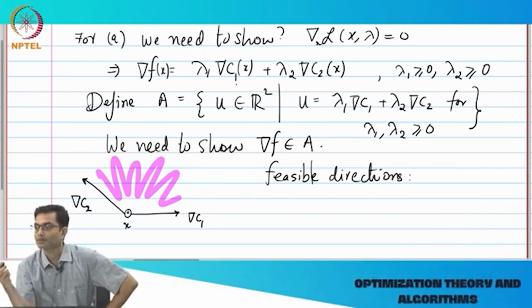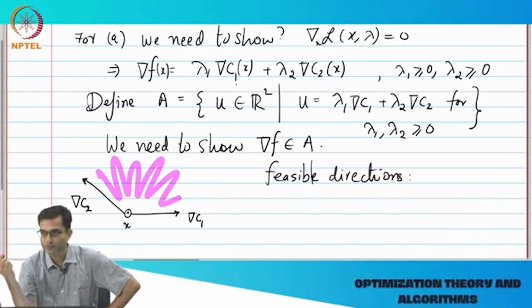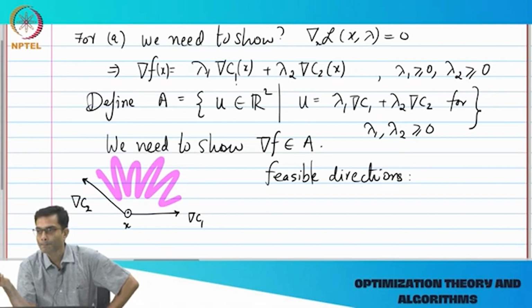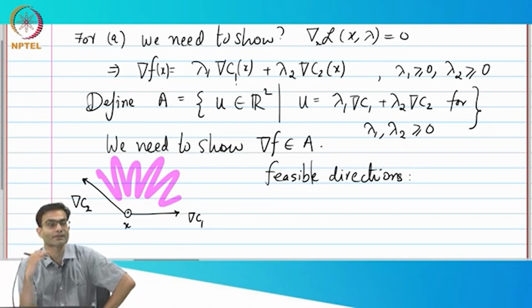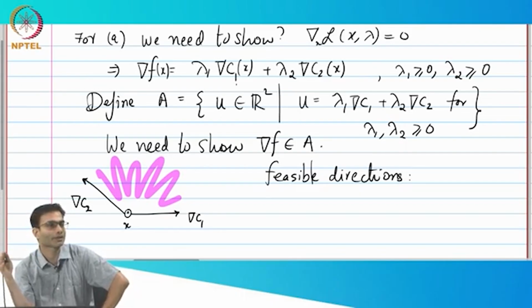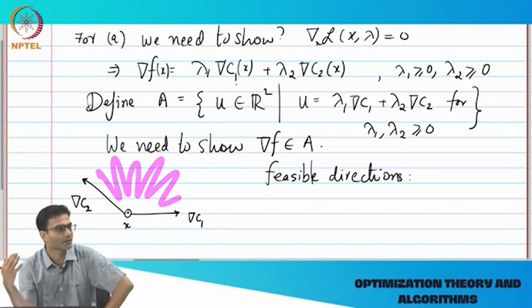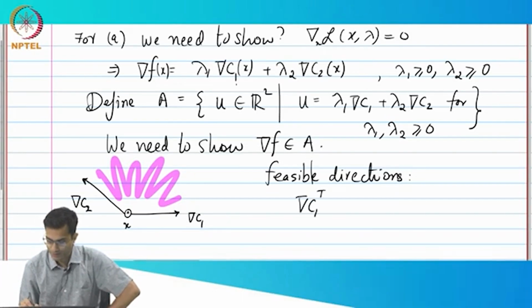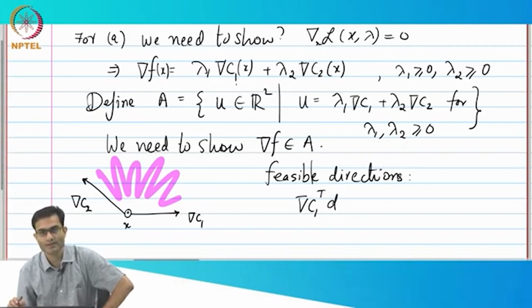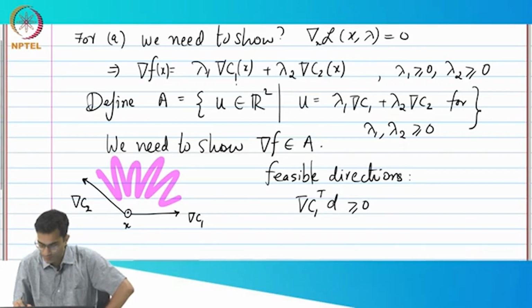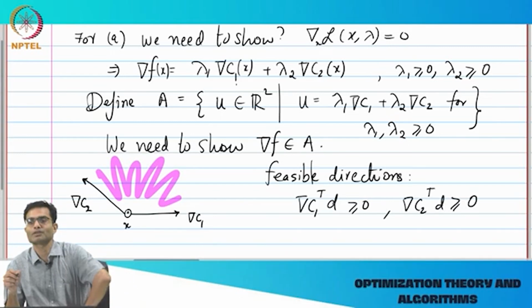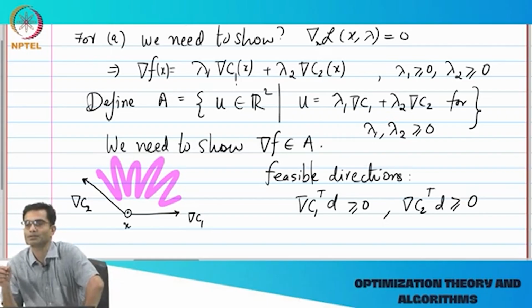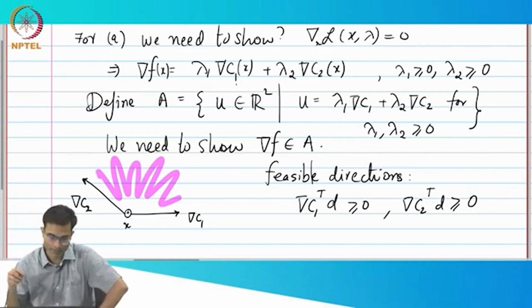What are the directions in which I can go to first order so that I still stay feasible? Wasn't it grad C1 transpose d greater than or equal to 0, and grad C2 transpose d greater than or equal to 0? If this was an equality instead of inequality, what would change? This would become equal.